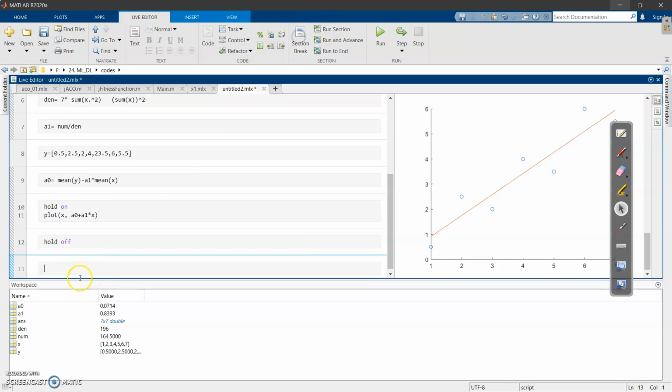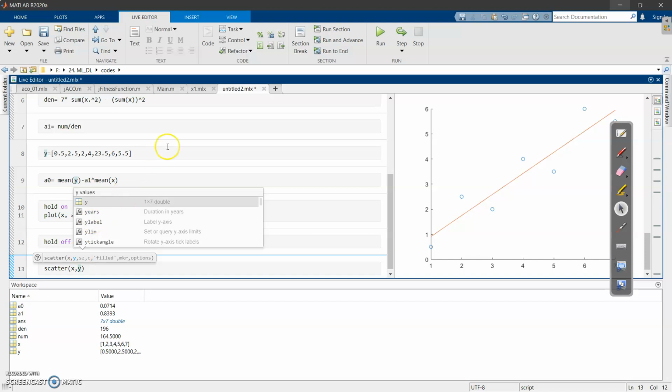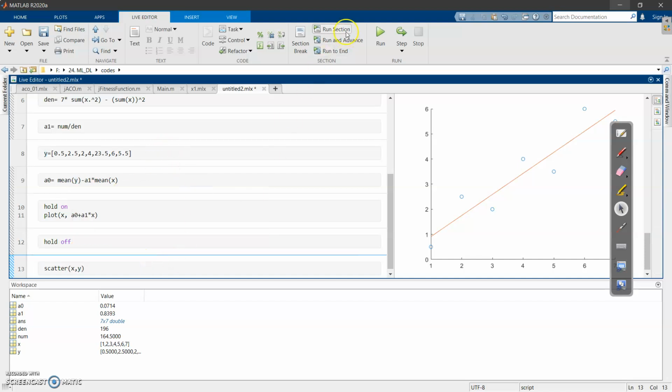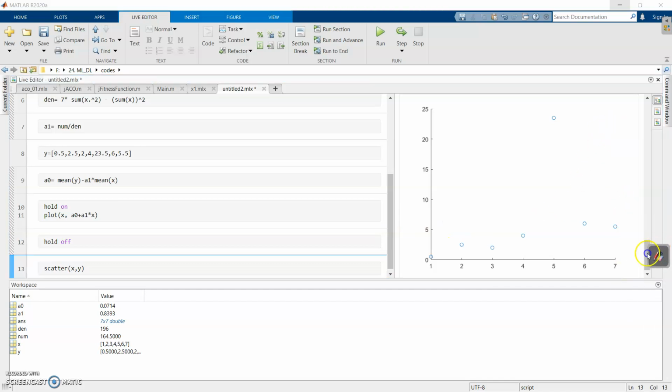Then let's just plot the scatter plot of x comma y. Okay, let's plot it now. As you can see, due to this outlier, we can automatically see that the curve is going somewhere outside. If you try to fit a curve, it will look somewhere there.